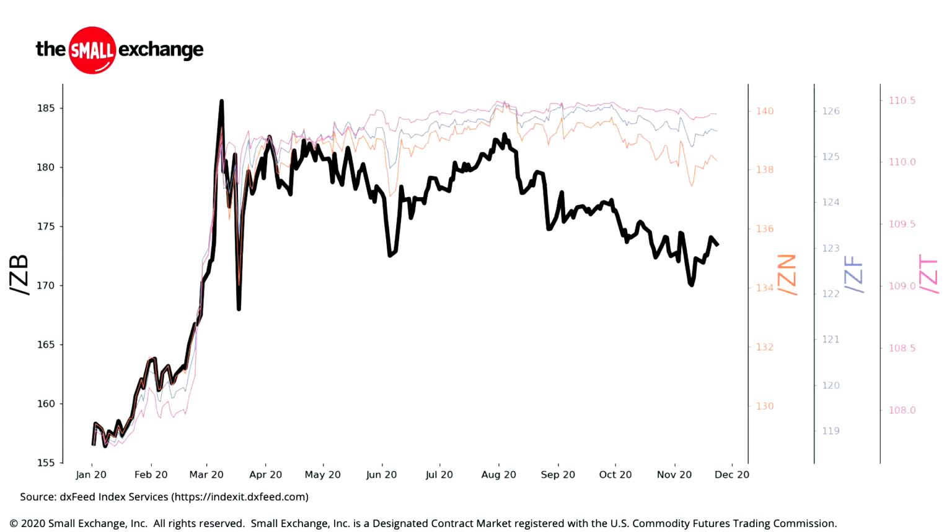That near zero for ZN at the same time was 140. For ZF, the 5-year, 126. And then finally there in the very beautiful pink color, in ZT, the 2-year, 0% yields was at around 110 or 111. And so that's just a great case study for me on trying to figure out what the hell these prices mean in yield.